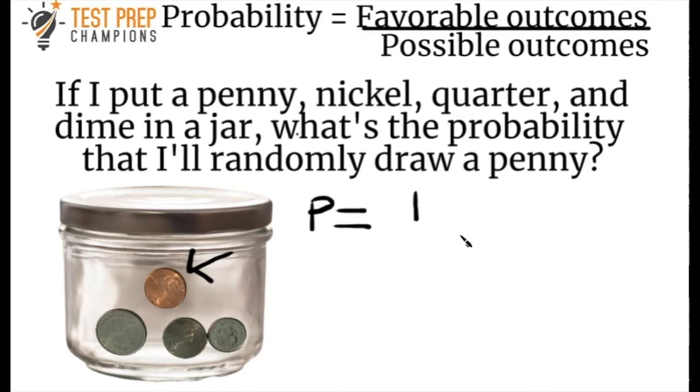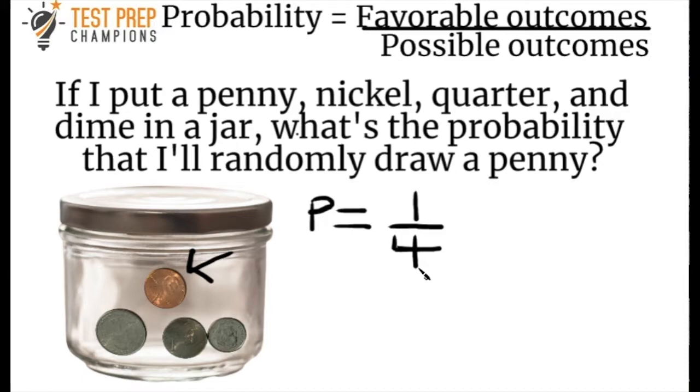Well, it's the favorable outcomes divided by the possible outcomes. So how many possible outcomes are there if I go to draw 1 coin from this jar? Well, there's 1, 2, 3, 4 coins here. So written as a fraction, the probability of drawing a penny from this jar is 1 over 4.